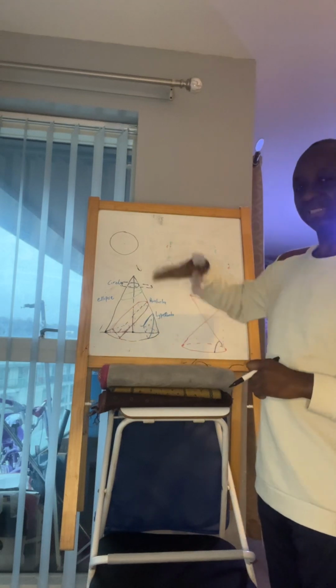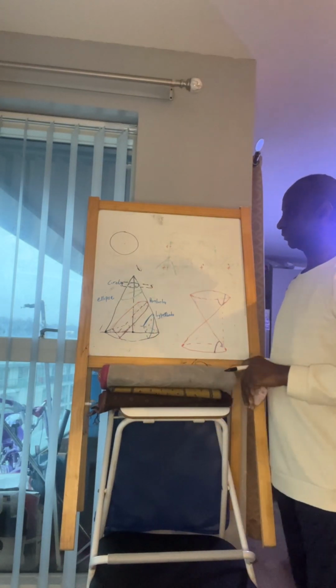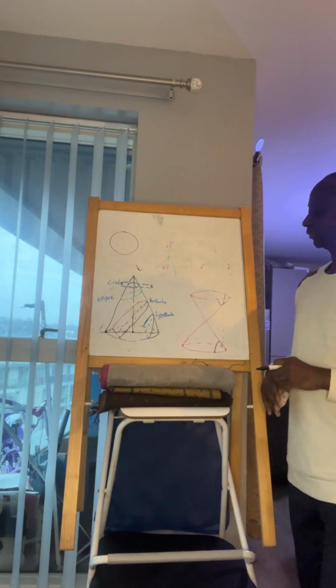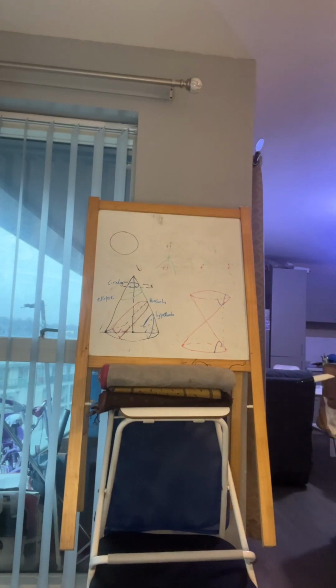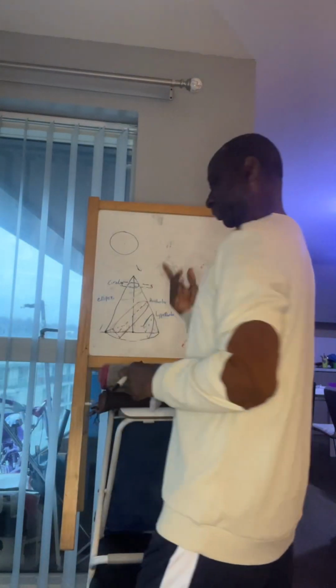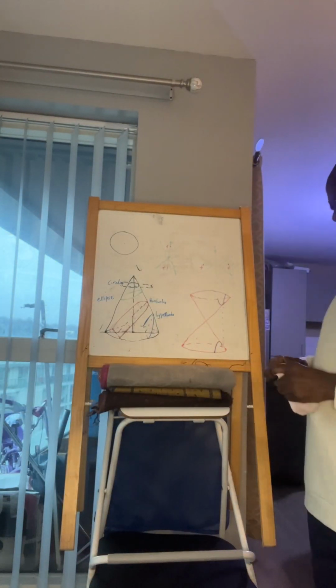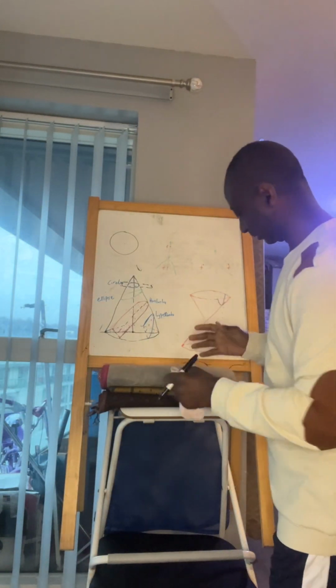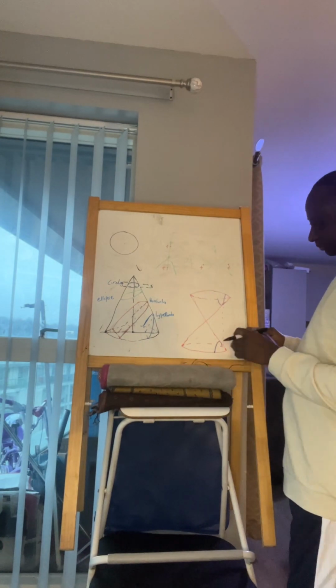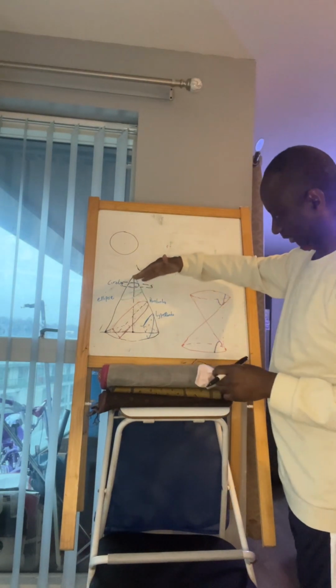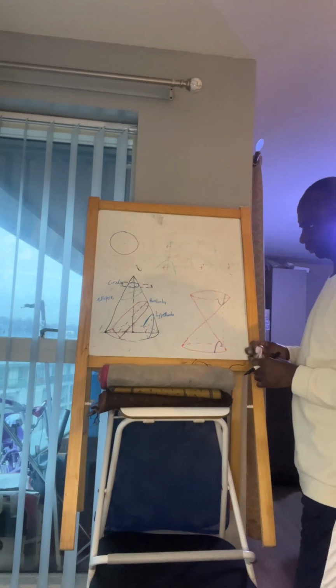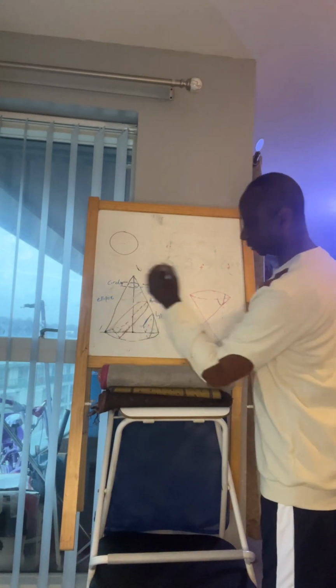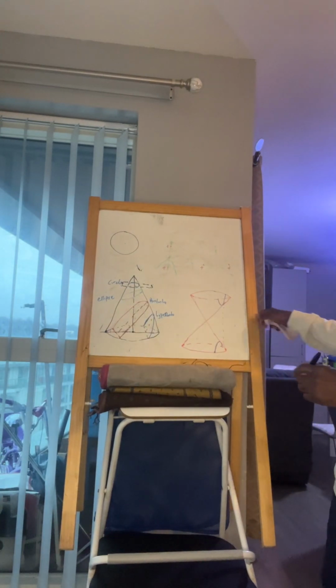So if you now slant that board, or plane, but since I'm using the word cut, I just want to use knife. If you slant it at an angle and you cut through the cone, what would you get?